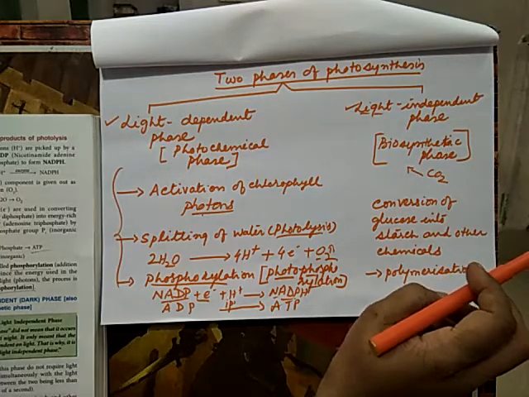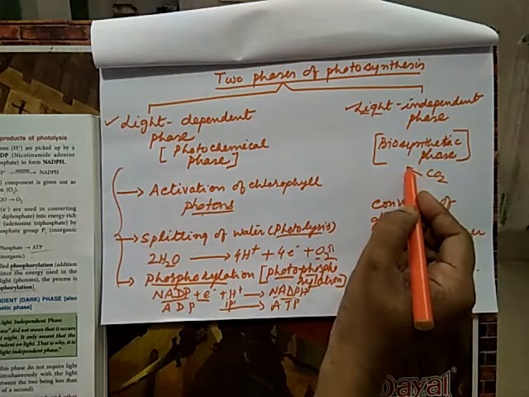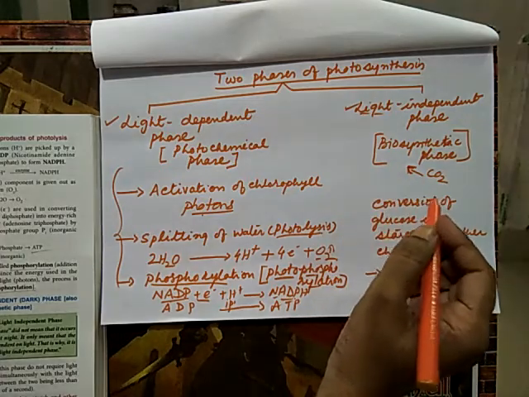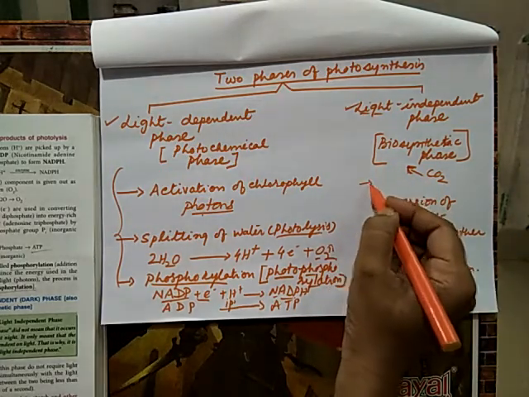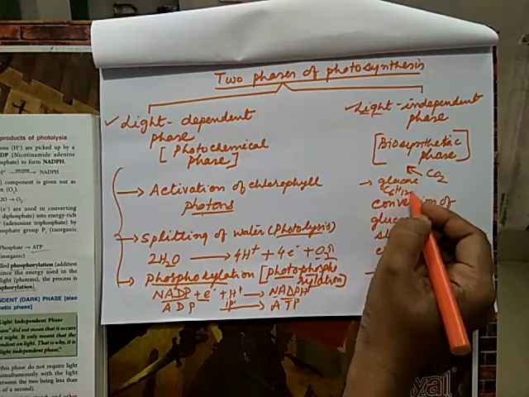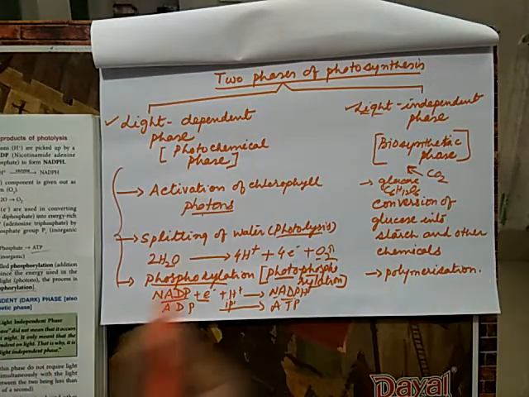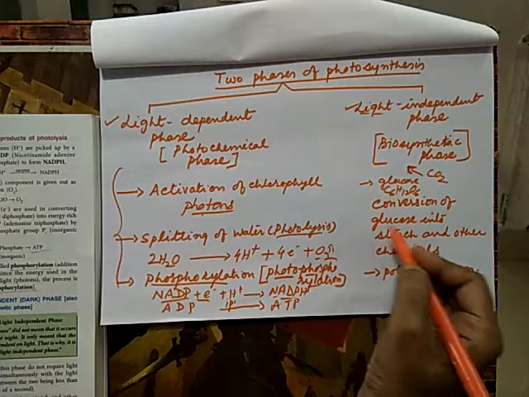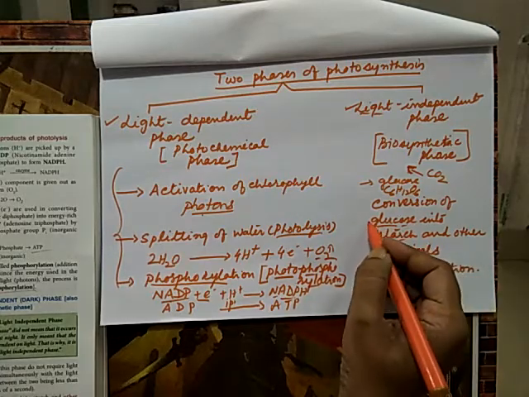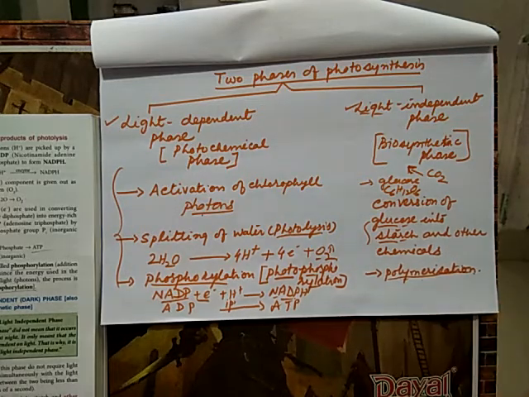Only with the light reaction, when this amount of carbon dioxide enters the plant body, the rest of the part can be converted into glucose, that is C6H12O6, and the conversion of glucose into starch and other chemicals, where simple sugars are converted into complex sugars, is known as polymerization.